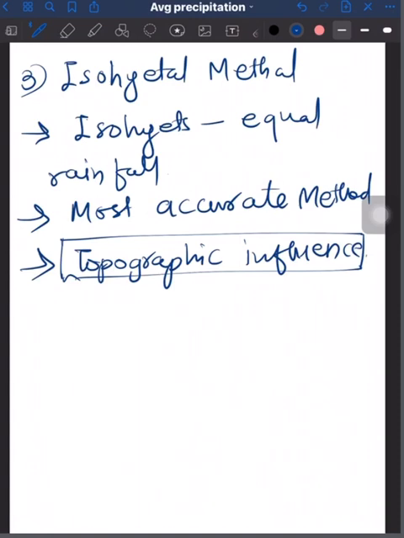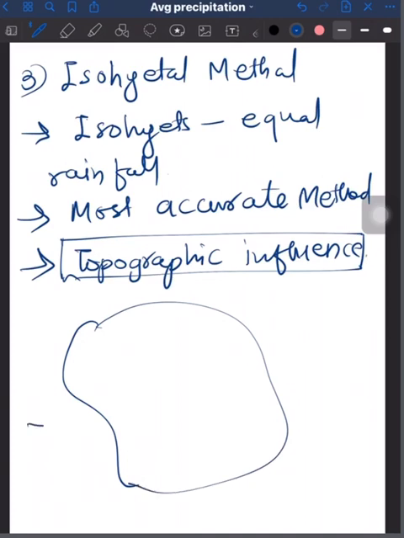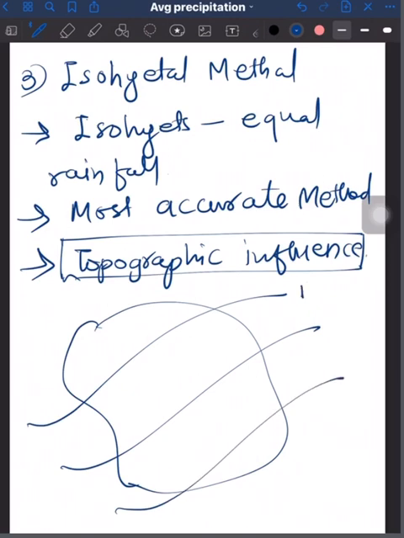Then how is it calculated? We have an area, and from the rain gauges we draw isohyets, like this is isohyet number 1, this is isohyet number 2, this is isohyet number 3. Then we calculate the areas in between the isohyets, like A1, A2, A3, A4.